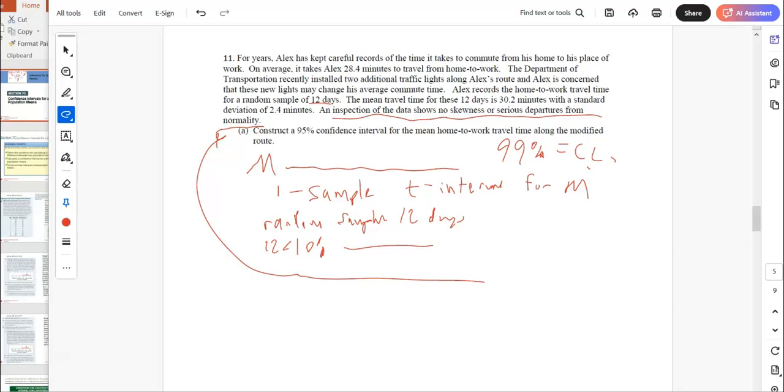Okay, good idea to show your work if you can here. So x bar would be 30.2 plus or minus.